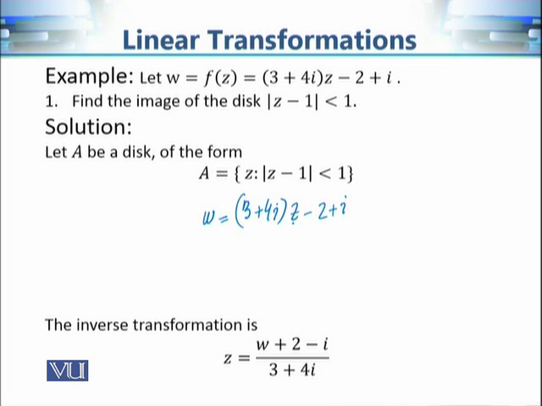From here we can find the value of z in the following form: z is equal to w plus 2 minus iota divided by 3 plus 4 iota. Okay, so in other words, we have the following inverse of this linear transformation. Now this inverse is going to help us in finding the image of this disk in the W plane.